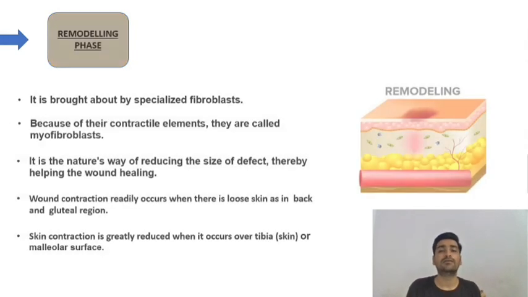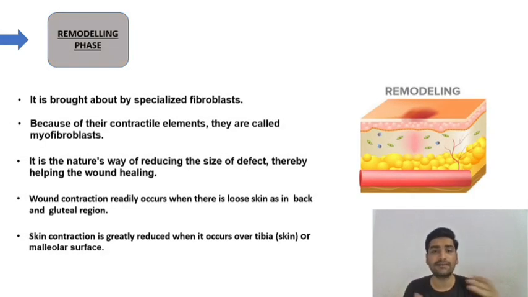Now next, moving on to the third phase, that is your remodeling phase. Now whatever is laid down is going to be remodeled into a proper structure, right? Because wound healing is done simultaneously. There is proliferation as well as remodeling of that area. Now this remodeling phase is mainly brought about, or it is responsible by fibroblasts.